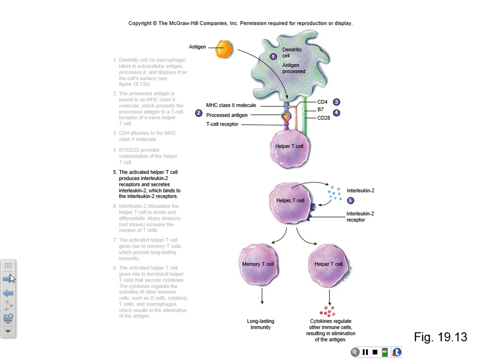Once that happens, it will stimulate the cell to divide and differentiate. So you will produce memory T cells that will recognize that specific bug, and they go into storage, waiting for the secondary response.